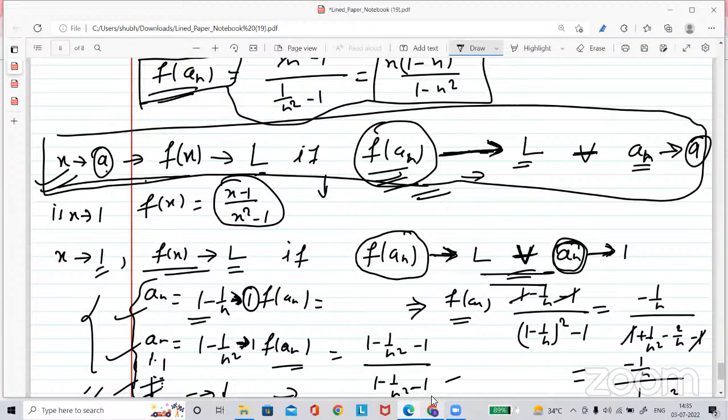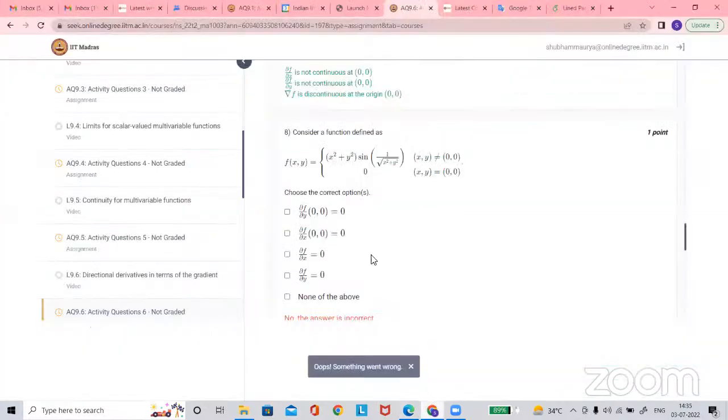Another thing is, in this course, the only tool we have to find a limit is the sandwich theorem.